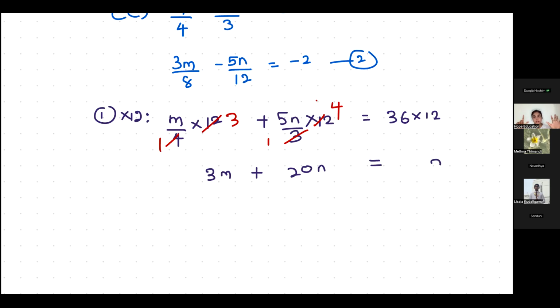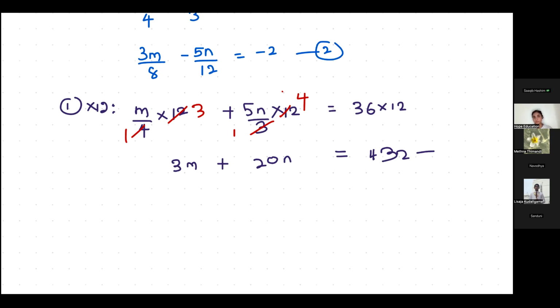So we have 7 remaining. 12 times 3 is 36. 36 plus 7 is 43. So we get this equation. Is this clear? I will label this as my equation number 3.